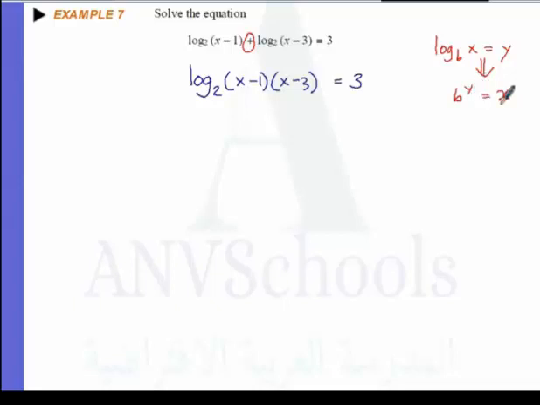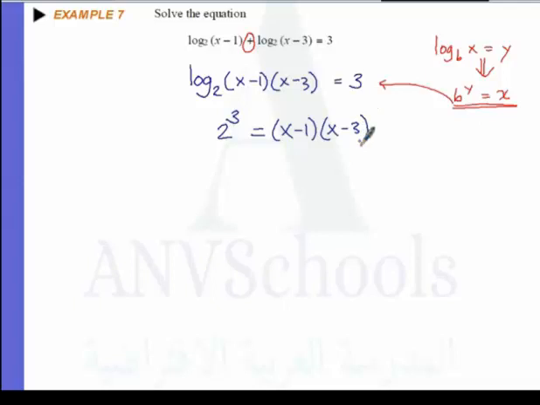So let us apply this form on this expression. Our base is 2, and our exponent is 3. So of course we will have 2 raised to 3, and that gives us the argument, which is x minus 1 times x minus 3.